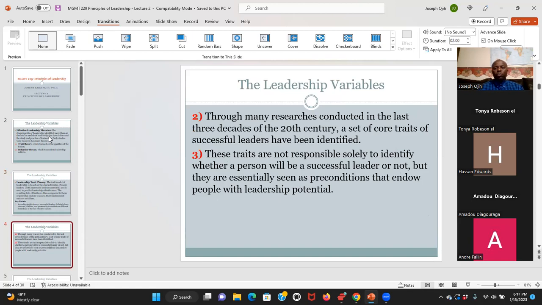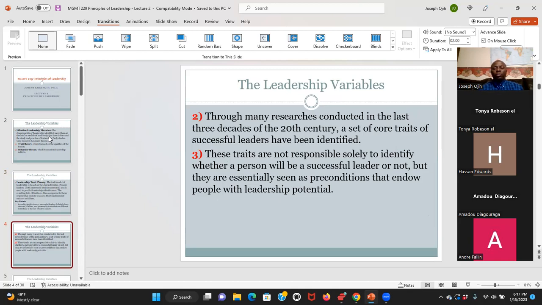So through many researches that were conducted years ago, especially during the 20th century, they were able to identify a set of core traits of successful leaders.